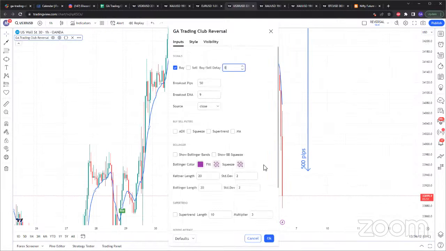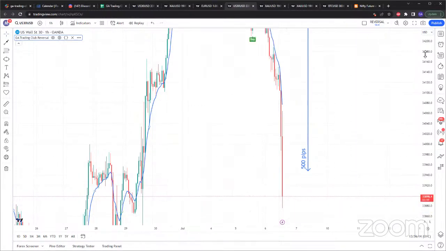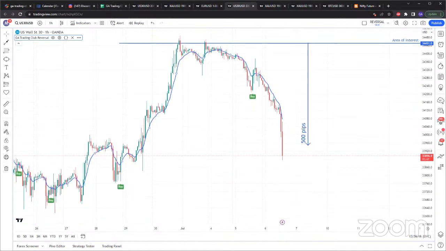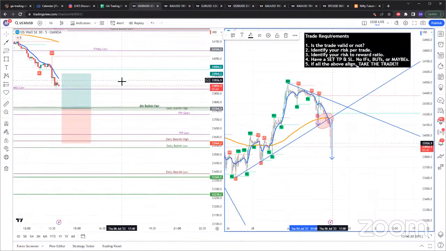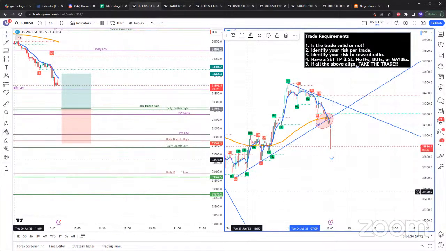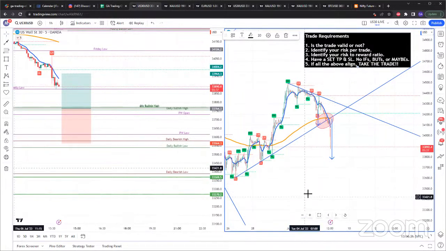This is 0 for US 30 on the 1 hour. Yeah, so that's pretty much it. So look out for buys on US 30 around 33,760 or 33,560.